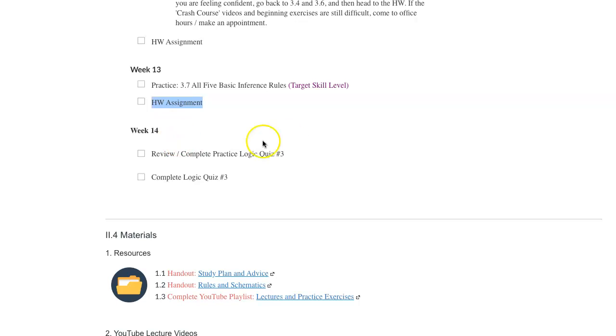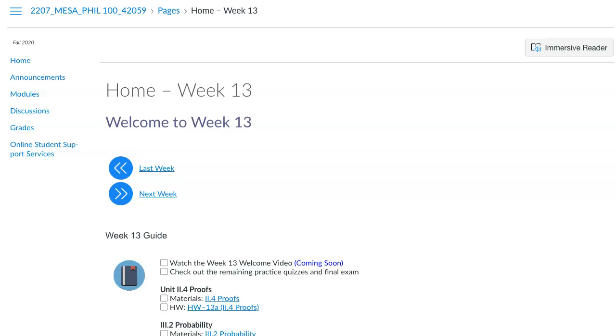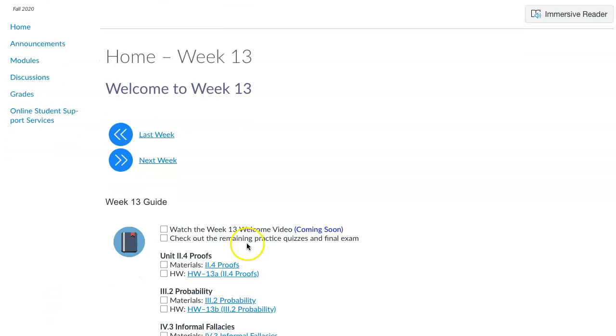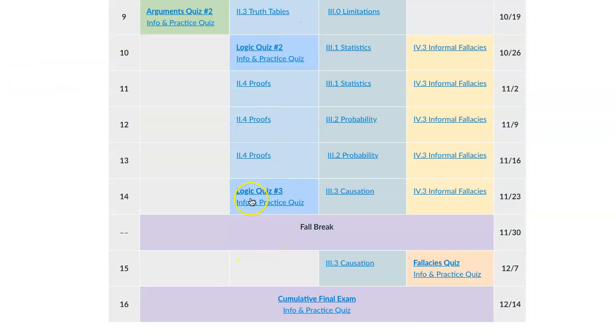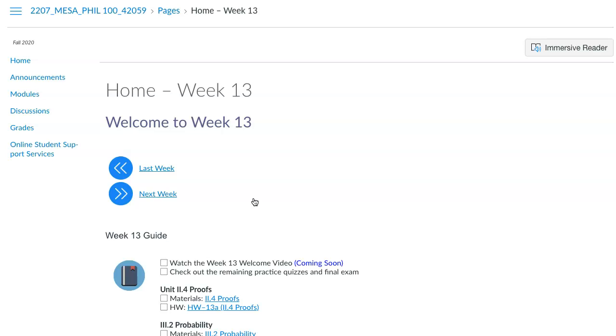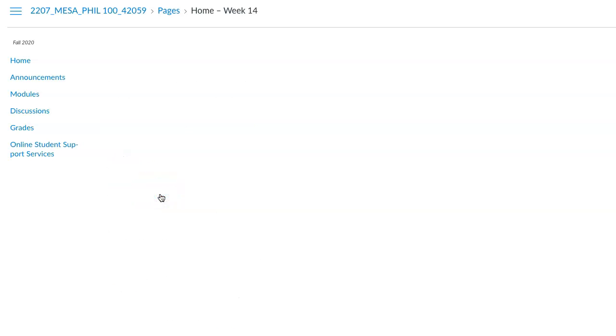And then next week, week 14, review and complete logic quiz number 3. This is actually already available. You can navigate to the practice logic quiz 3 by going down to the modules if you're ready to take the practice quiz and study. And if you're ready to take the actual quiz, you can get there either by navigating to week 14, the home page.